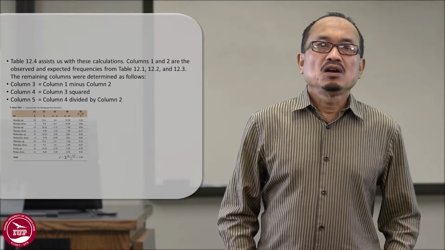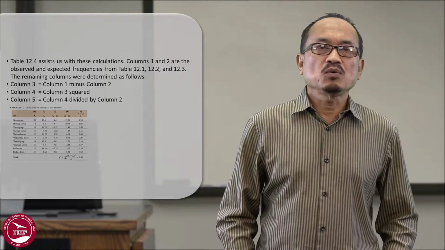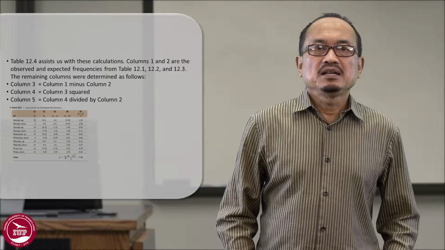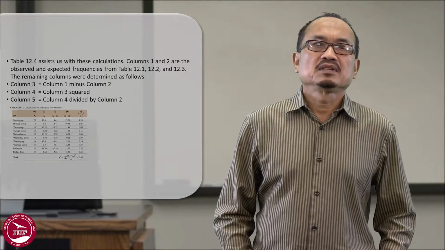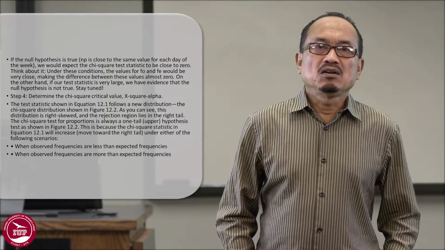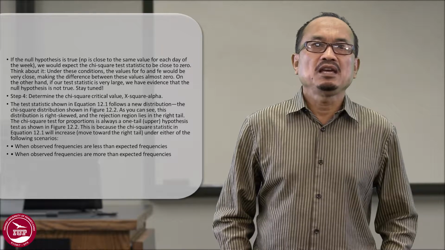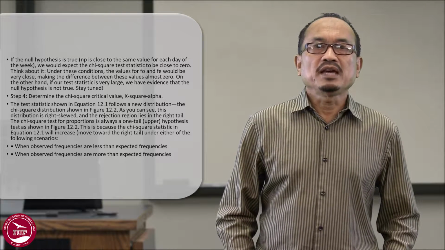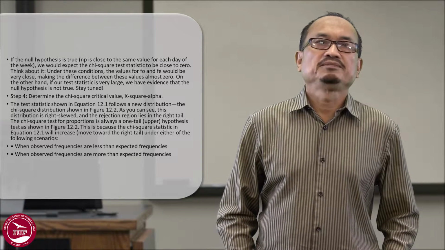Column 3 is column 1 minus column 2, column 4 is column 3 squared, column 5 is column 4 divided by column 2. If the null hypothesis is true, or the proportion is close to the same value for each day of the week, we would expect the chi-square test statistic to be close to 0.